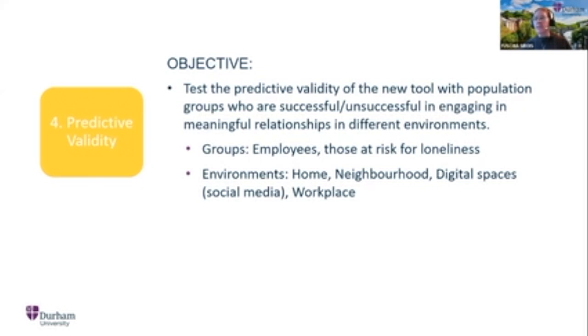So again, especially with respect to understanding the idea of meaningful relationship with place. So people in the home context, in different types of homes, in neighborhoods, in digital space, and again, in the workplace, just to get a broader understanding of the performance of these scales, and also if there are shifts in the types of meaningful relationships people have as a function of the context they're in.